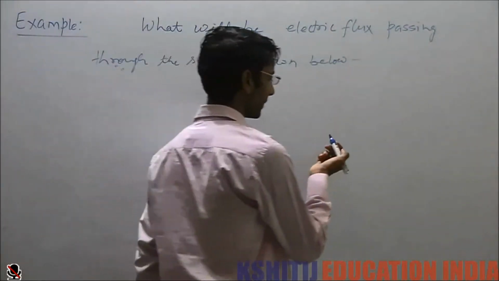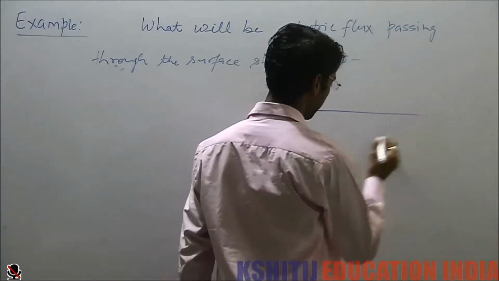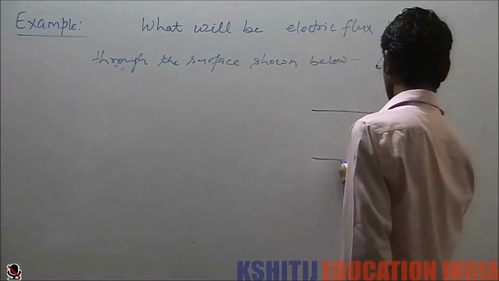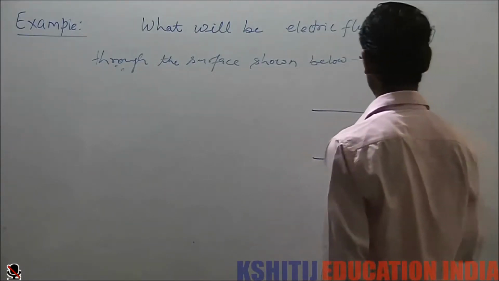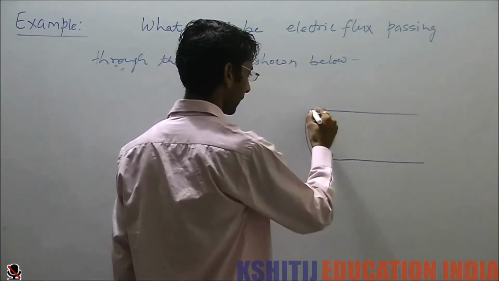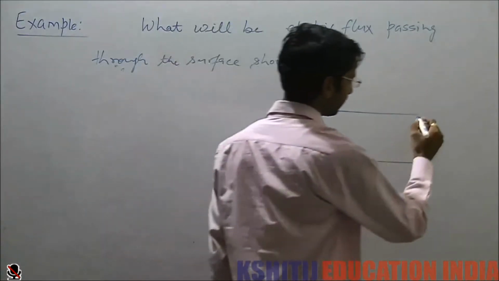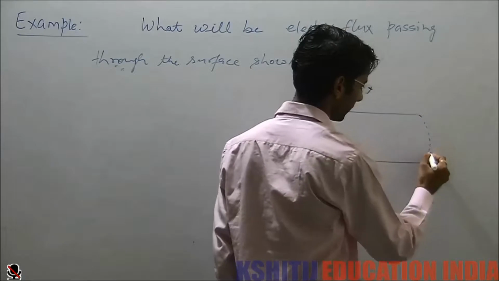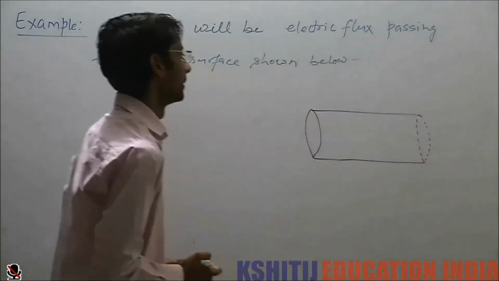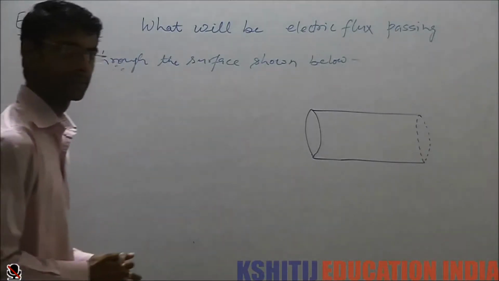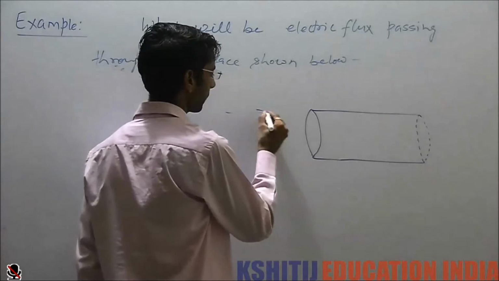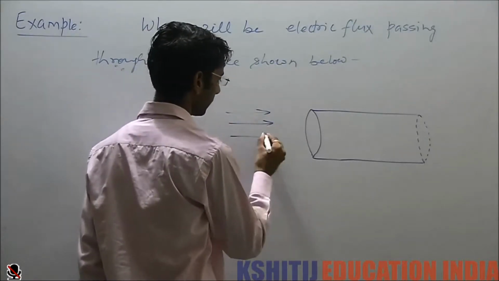Let's arrange this like this. There is a cylindrical surface which is placed in a uniform electric field.